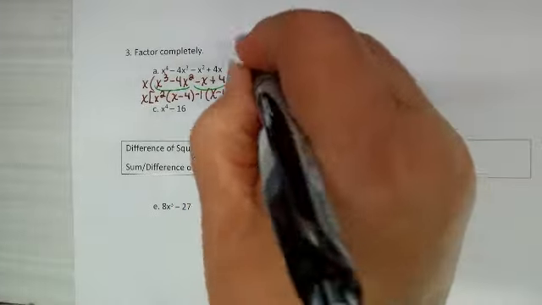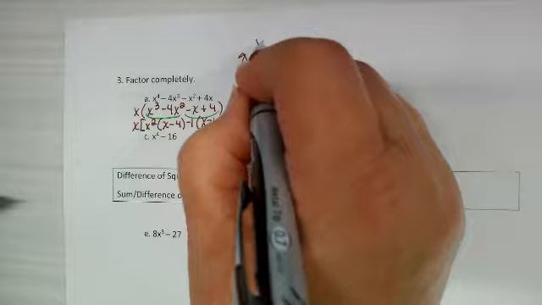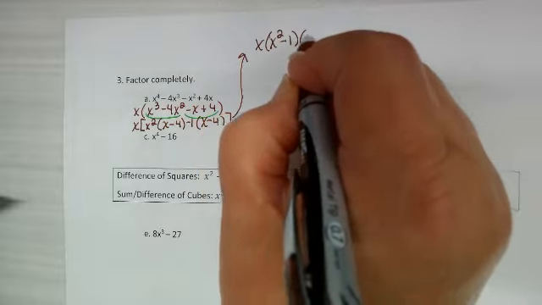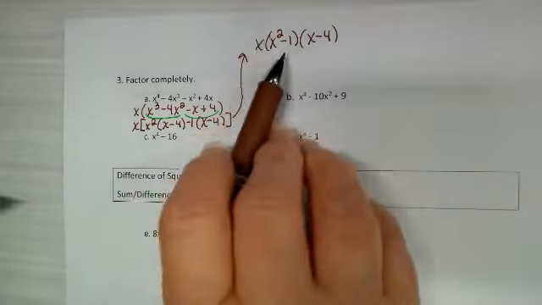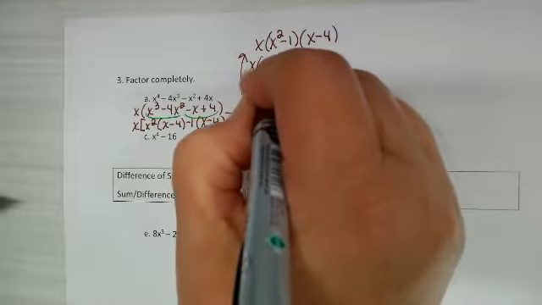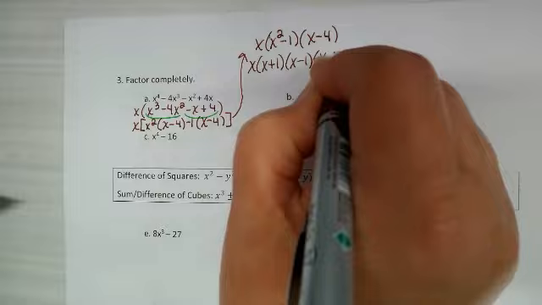And since I just ran out of space, we'll come up here. So I have my x, and then I have x squared minus 1, and x minus 4 is what they had in common. Please notice the difference of squares. So that's x plus 1, x minus 1, x minus 4.